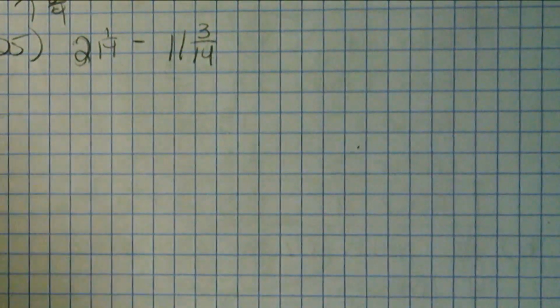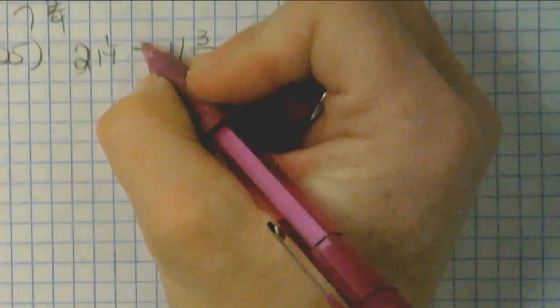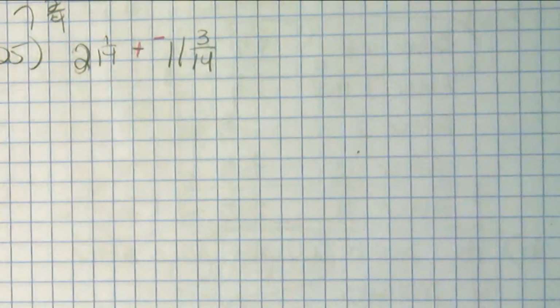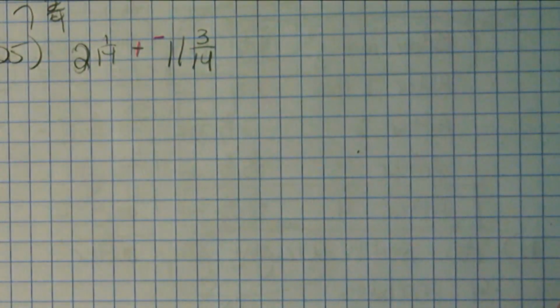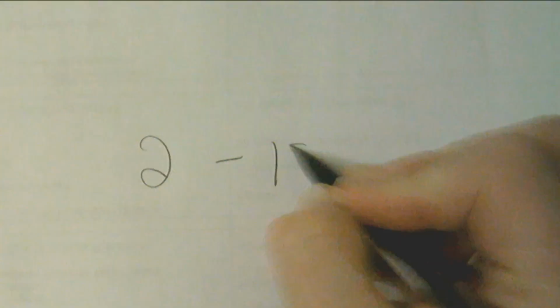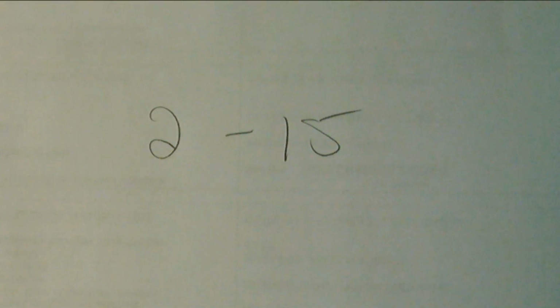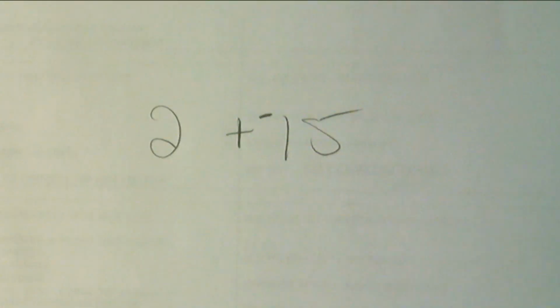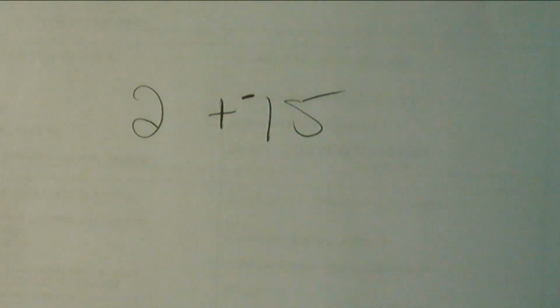So Matthew, I have subtraction. So I'm going to go ahead and do adding the opposite. Alright. If I said to you I have 2 minus 15, I'm going to do adding the opposite here, right? What math am I actually going to do?